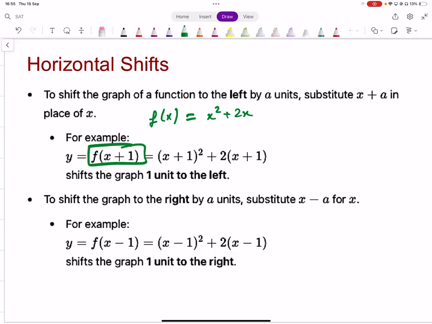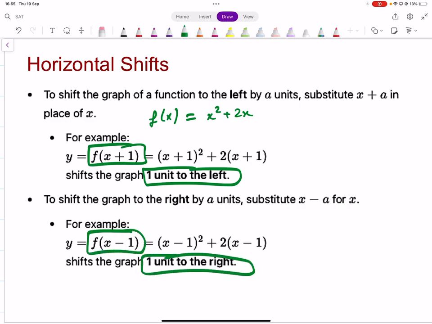X plus 1 whole squared plus 2 into x plus 1. In this case, it shifts 1 unit to the left. Is that okay? And if you do f of x minus 1, that means 1 unit to the right. Any problem with this? So now you need to remember this. In vertical transformations, plus means up, minus means down. In horizontal transformations, plus means left, minus means right.